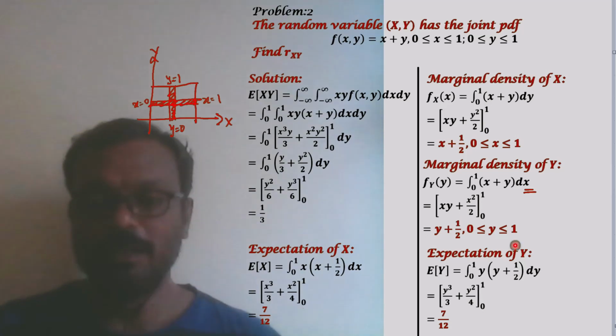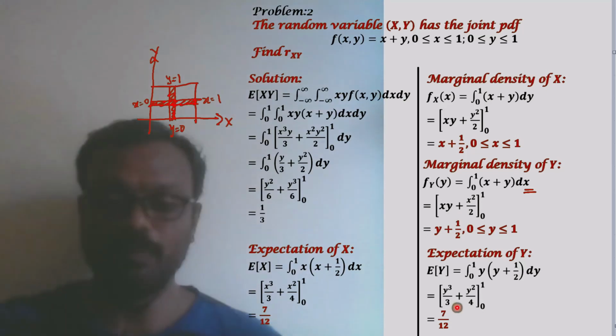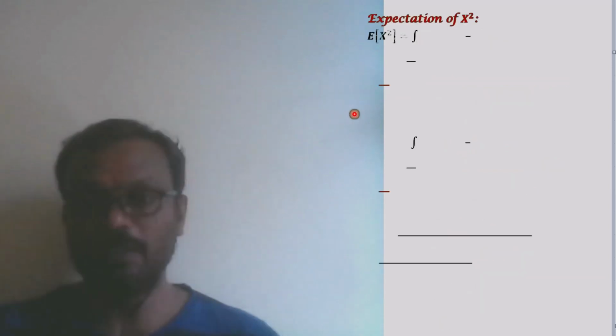Next we go for the expectation of y. It is y into the marginal density of y, that is y plus 1 by 2, and then evaluating we get 7 by 12.